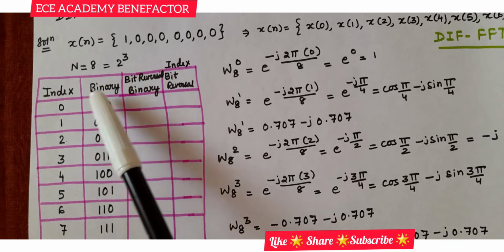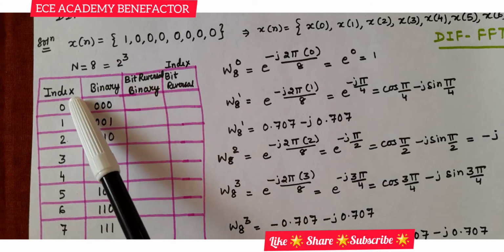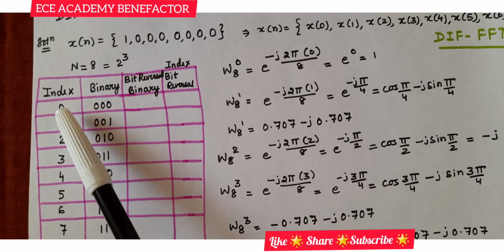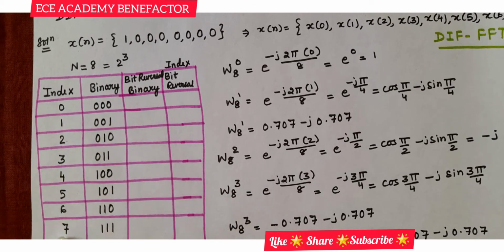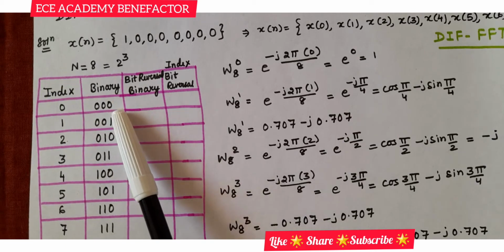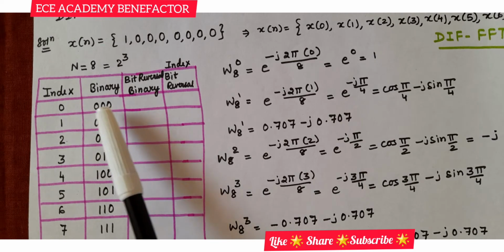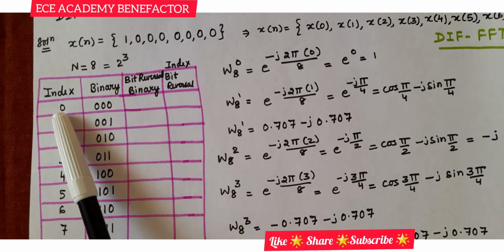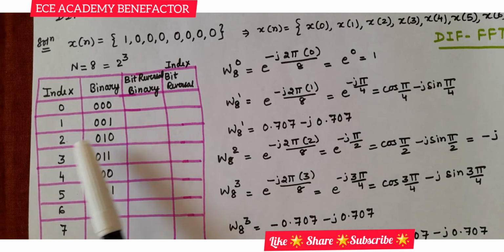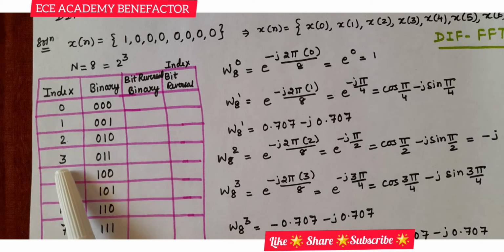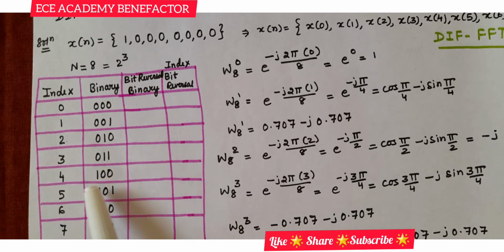We have written the numbers 0 to 7: 0, 1, 2, 3, 4, 5, 6, 7, and their corresponding binary numbers in a combination of 3 bits, as 0 is represented as 000, 1 is 001, 2 is 010, 3 is 011, 4 is 100, 5 is 101, 6 is 110, 7 is 111.